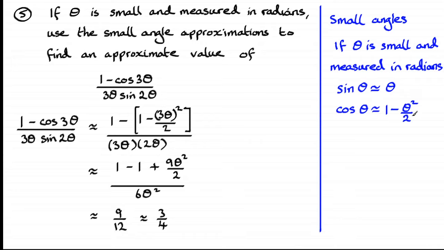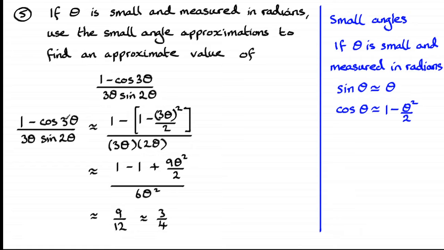If you have a calculator, just type in radians mode a very small angle like 0.01, for instance, and you should find the sine of 0.01 is approximately 0.01, and you can try it out with cosine θ. I'll leave it up to you to do that.